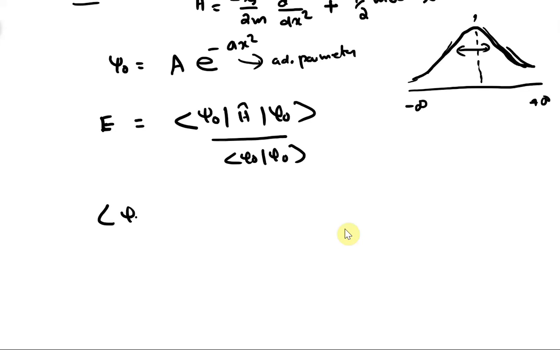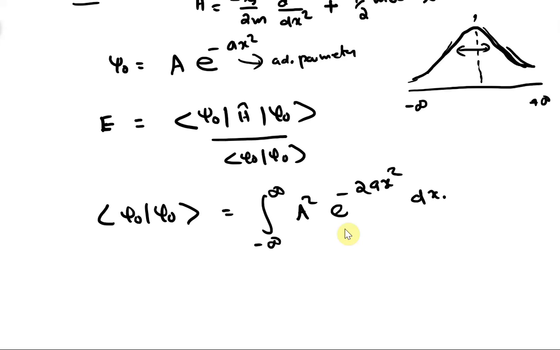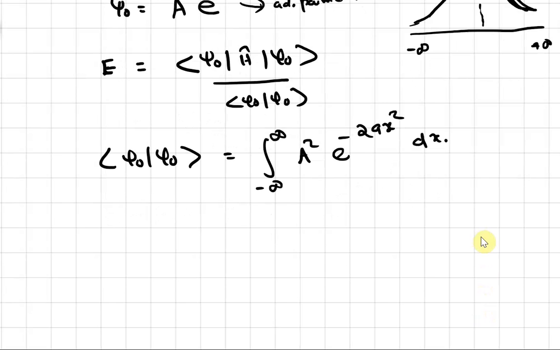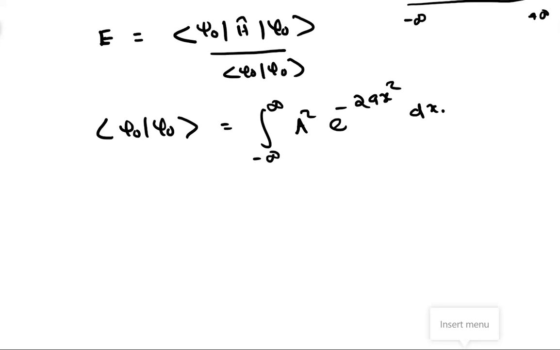Psi naught squared integrated from minus infinity to infinity gives A square e raised to minus 2 a x square dx. This is a standard integral, and you know the solution: the integral from minus infinity to infinity of e raised to minus a x square is equal to root pi by a.